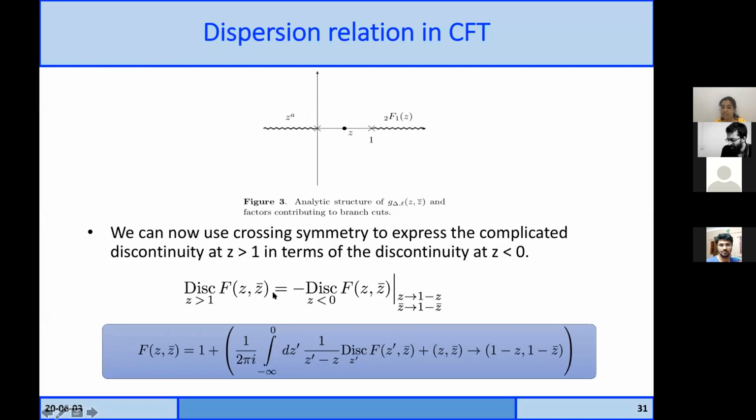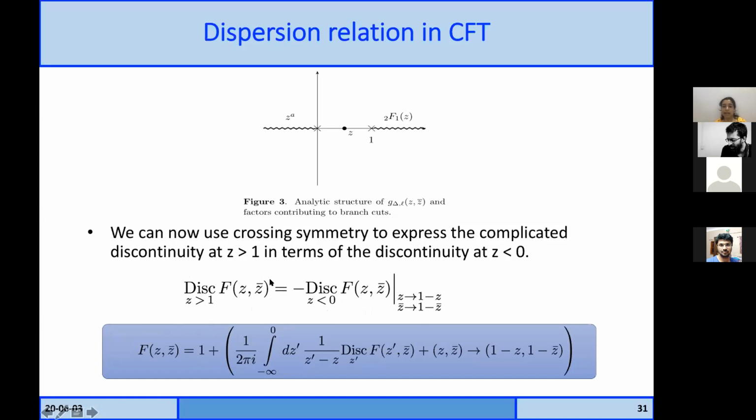You can change z to 1 minus z and z bar to 1 minus z bar. And again, you can use crossing symmetry, which means basically f of z, z bar is equal to f of 1 minus z, 1 minus z bar. Then you can recast the discontinuity at z greater than 1 in terms of the discontinuity at z less than 1 with this transformation. So this comes purely from crossing symmetry.